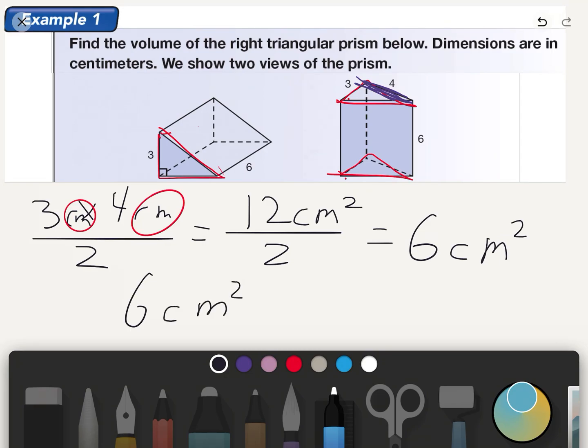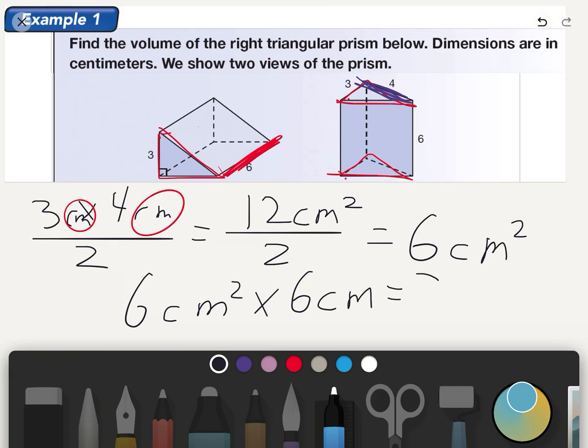And then take our 6 centimeters squared and multiply that by the length here, times 6 centimeters.